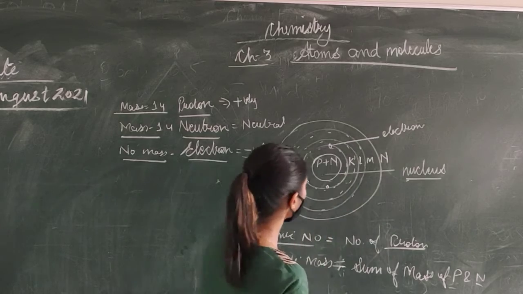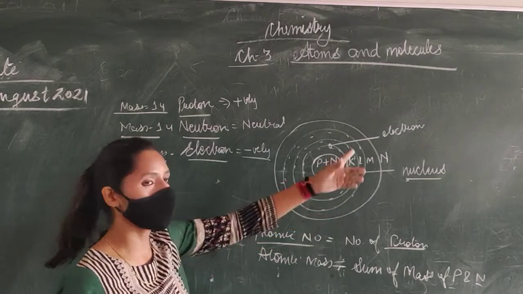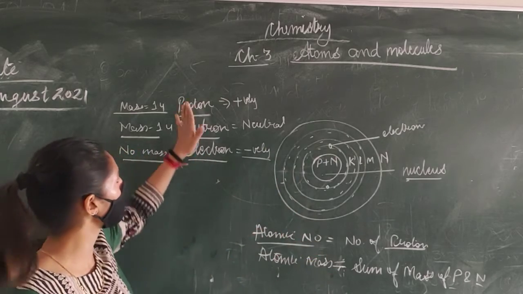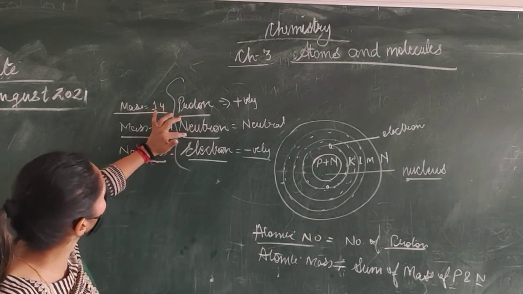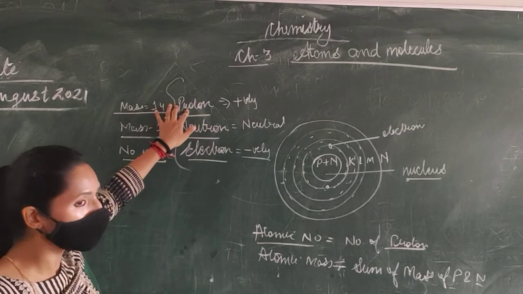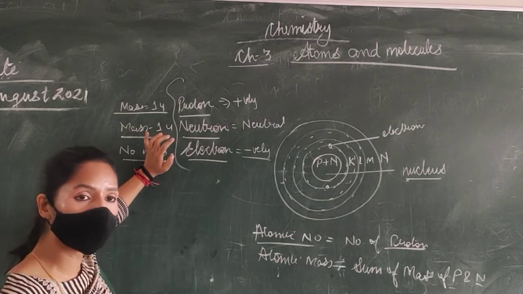So as I was saying, an atom is a divisible particle which has 3 divisions called proton, neutron, electron. P stands for proton, N stands for neutron, and small e stands for electron.